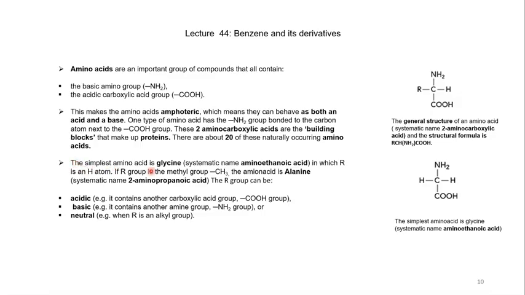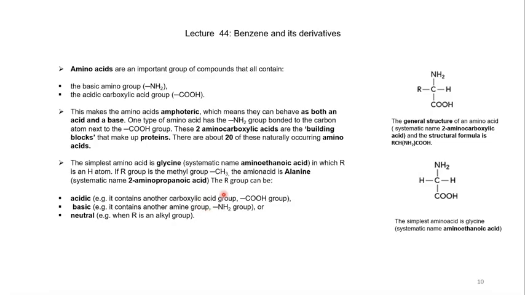The simplest amino acid is glycine, systematic name aminoethanoic acid, in which this R has been replaced by H, and this is the simplest one. This is aminoethanoic acid.